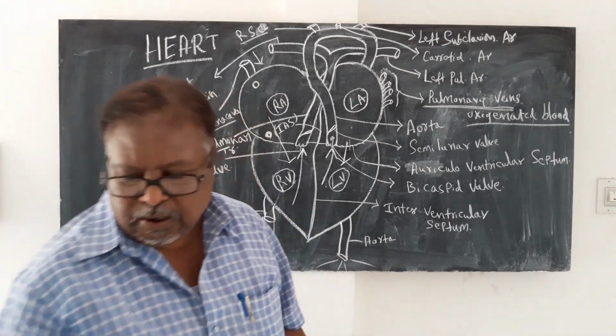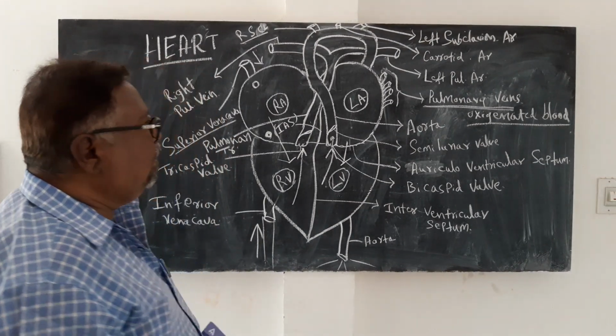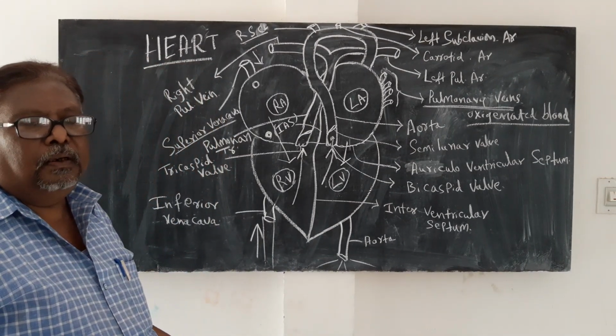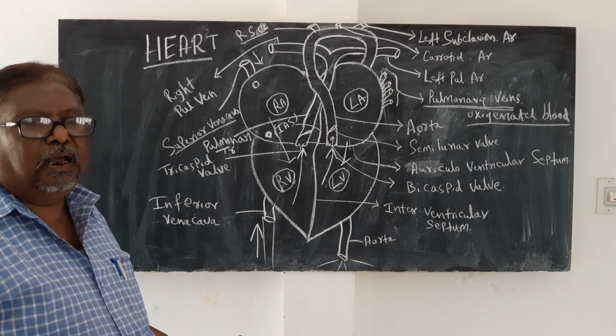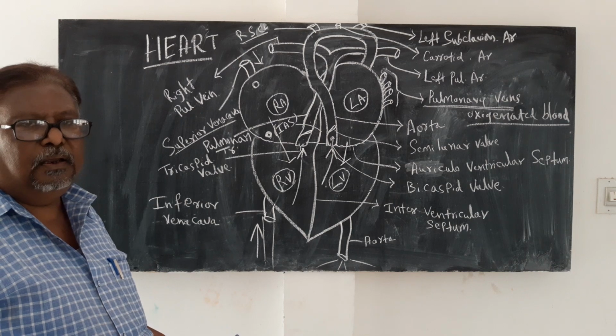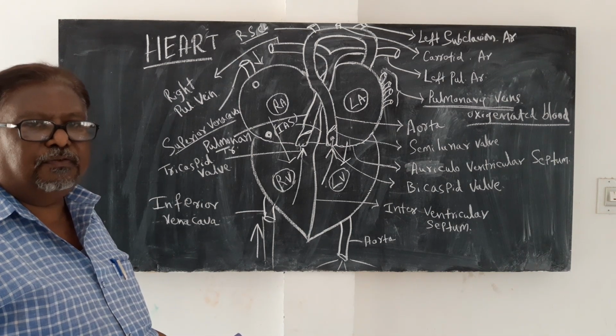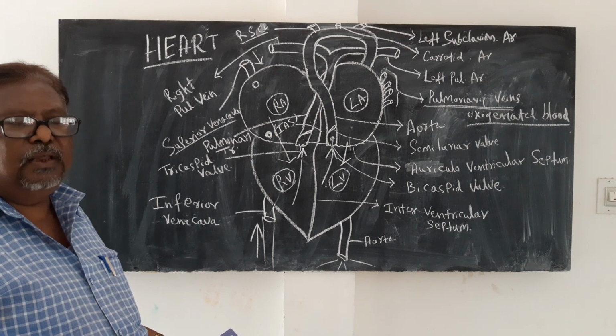Now we are going to study the different types of circulations. So this is about the heart, and I have given a simplified figure. You must be very careful to draw this, and in the examination you have to draw the figure and give the explanations.